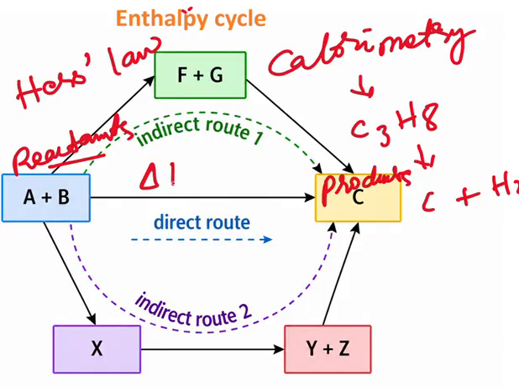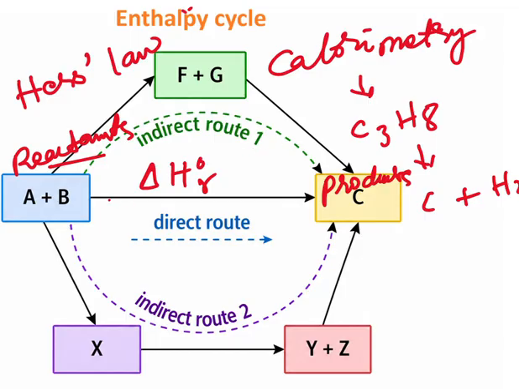The standard enthalpy of the reaction in the direct step, to form the product from the reactants, is delta H naught R. It has some value.